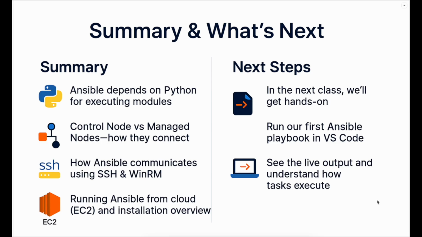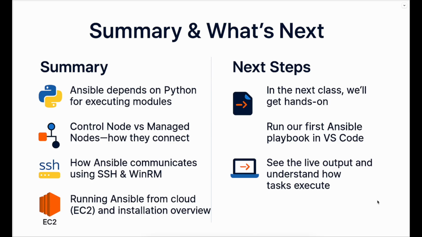Then we looked at how Ansible actually works, the difference between the control node where Ansible is installed and the managed nodes, which are the systems it manages. We also talked about how it connects using SSH for Linux machines and WinRM for Windows, and how Ansible keeps all your systems consistent using something called idempotency.